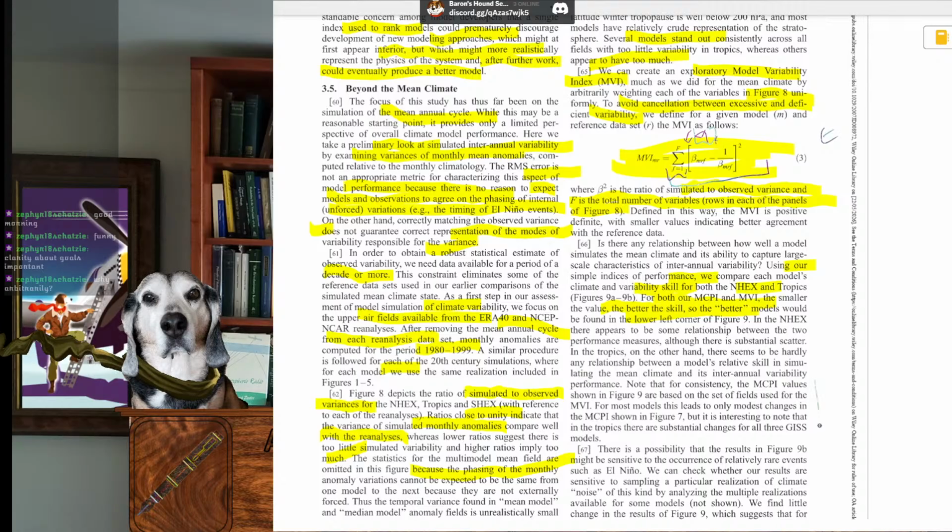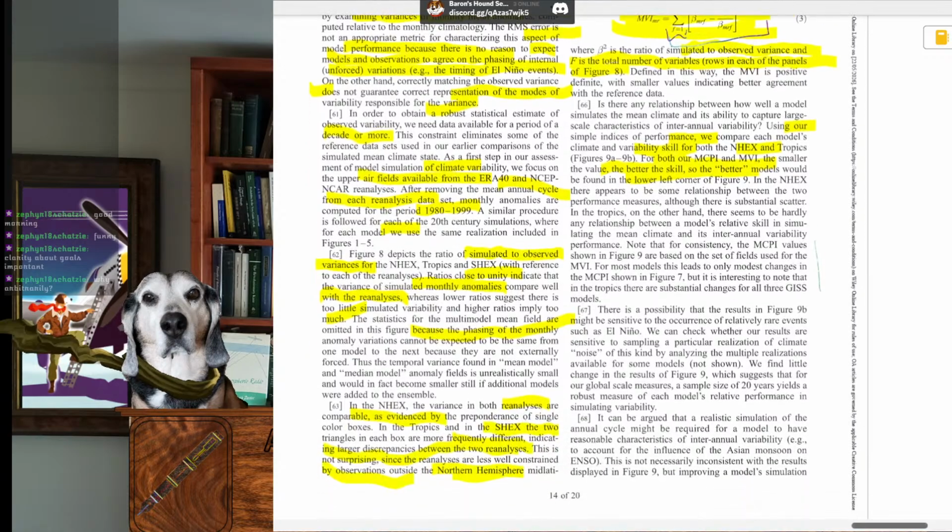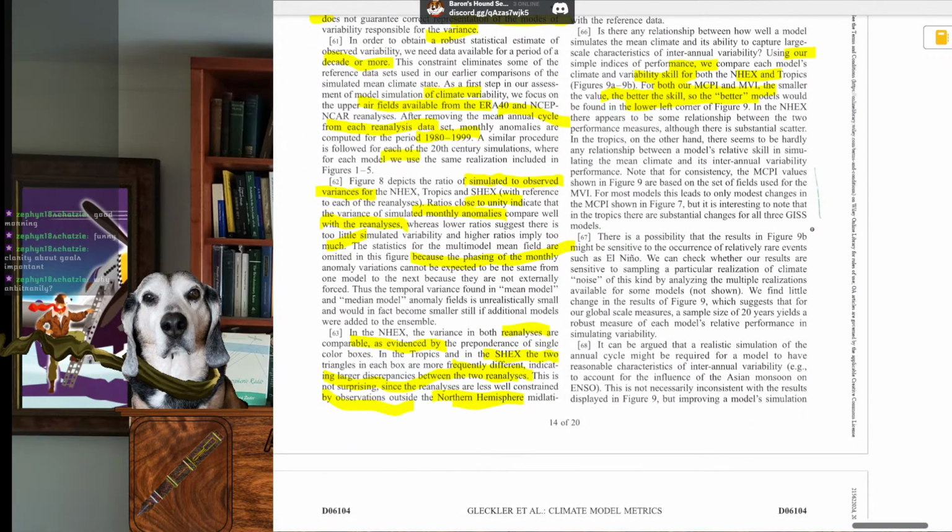All right, note for consistency, MCPI values shown in figure 9 are based on the sets of fields used for MVI. For most models, this leads only to modest changes in the MCPI. Okay. There is a possibility that the figures in results 9b might be sensitive to the occurrence of relatively rare events such as El Nino.